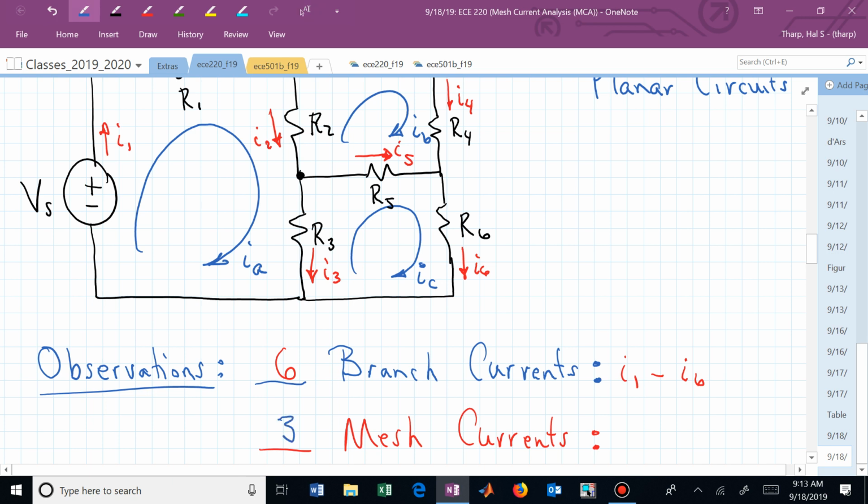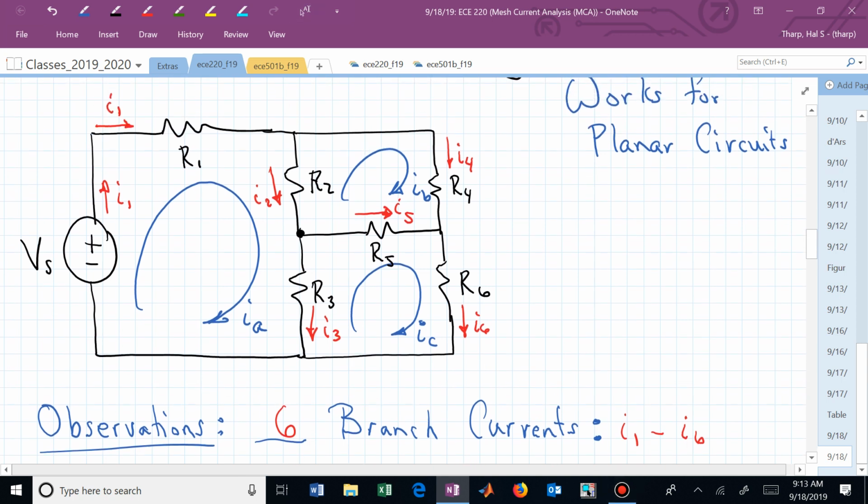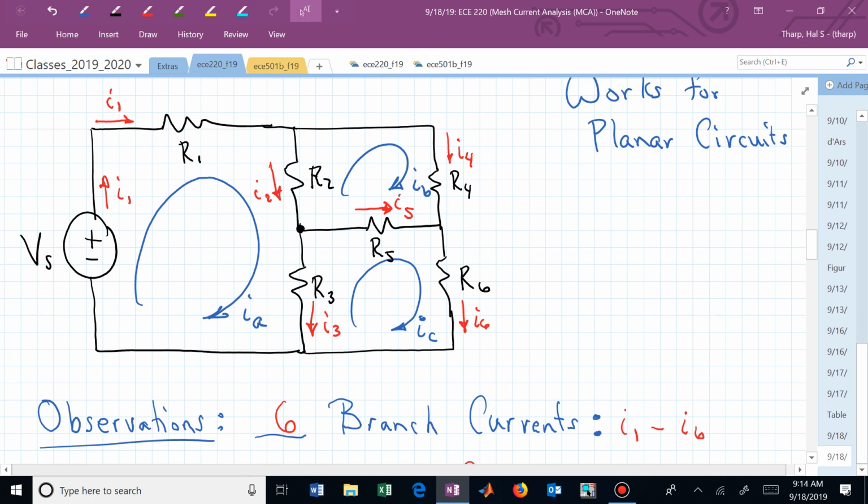There's 3 of these, I sub A through I sub C. Are we clear now on the distinction between branch currents and mesh currents? And do you see that I sub 5, to define that in terms of mesh currents, will require 2 mesh currents to create that? How would I write I sub 5 in terms of mesh currents? What is I sub 5 in terms of these mesh currents?